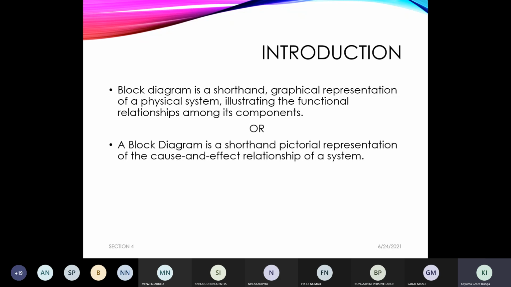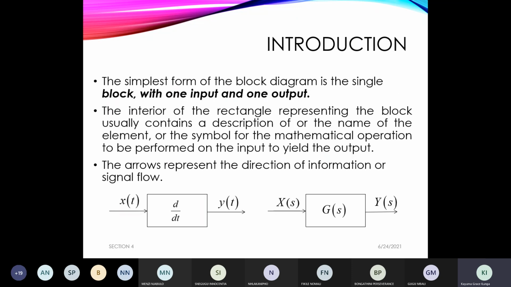As in the example we saw in the first section, when we had the actuator and controller, those are different components that we put together to make a graphical representation of it. That's in simple terms what we call the block diagram.